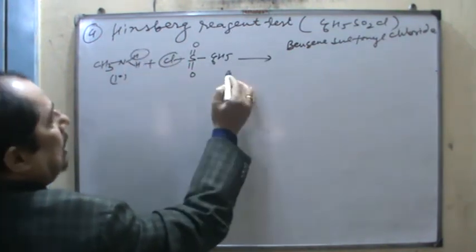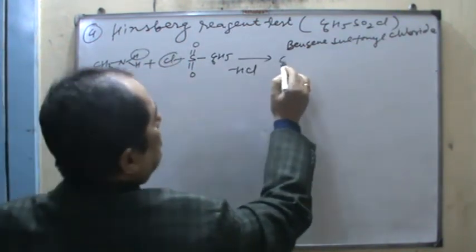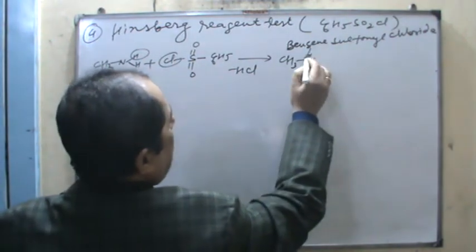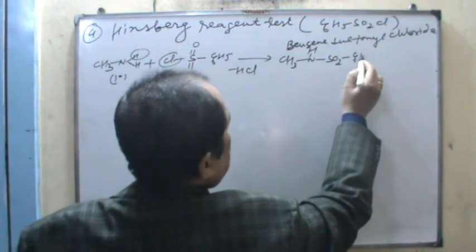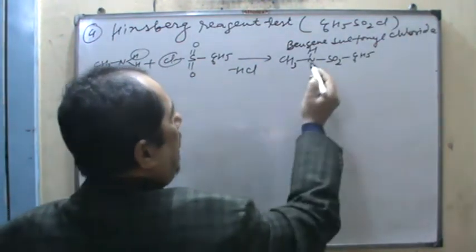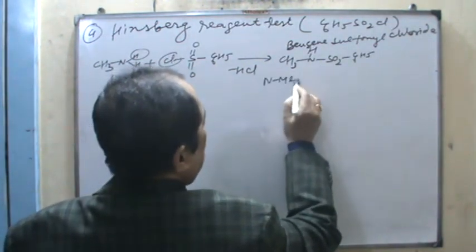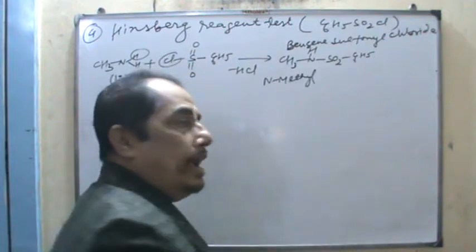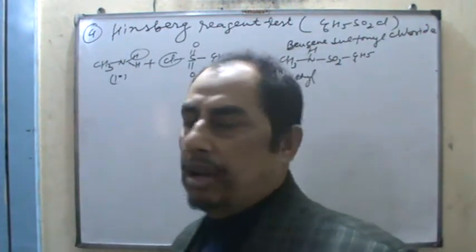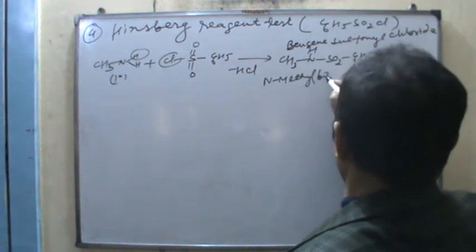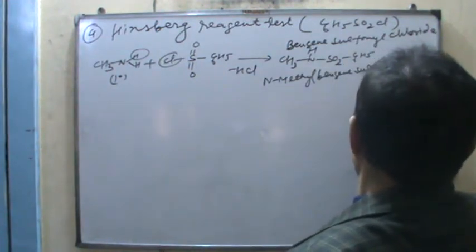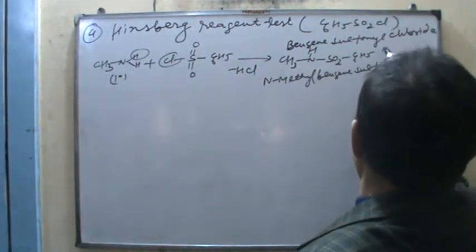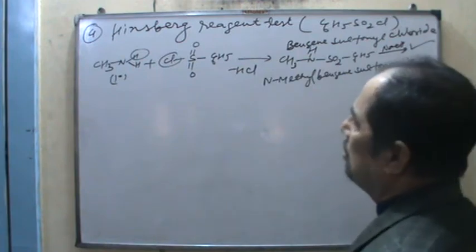This H and this Cl are lost here as HCl, giving CH3NH SO2 C6H5. What is the nomenclature? Yes, N-methyl benzene sulfonamide. Whenever it is made in alkali, it is soluble, right?